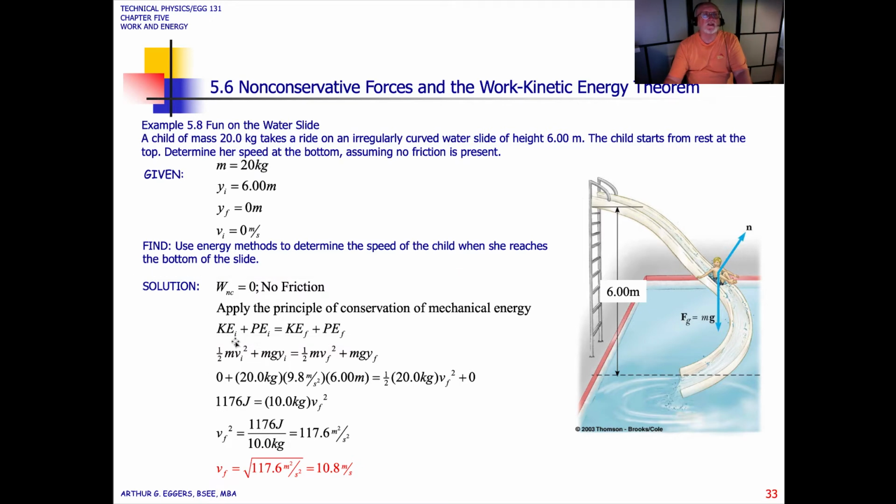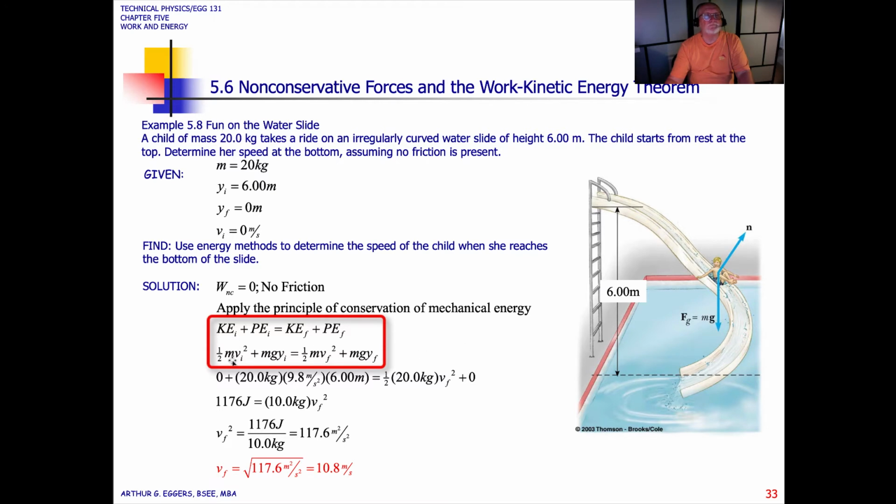So kinetic energy initial plus potential energy initial is equal to kinetic energy final plus potential energy final. So we just gather our terms like we've done before. Back to our grassroots relationships, 1/2 m v initial squared plus m g y initial equals 1/2 m v final squared plus m g y final.